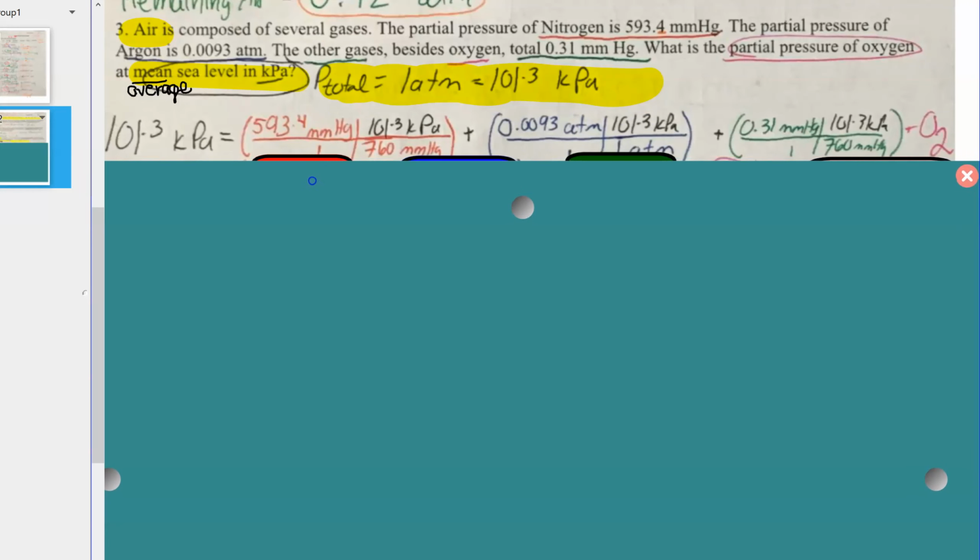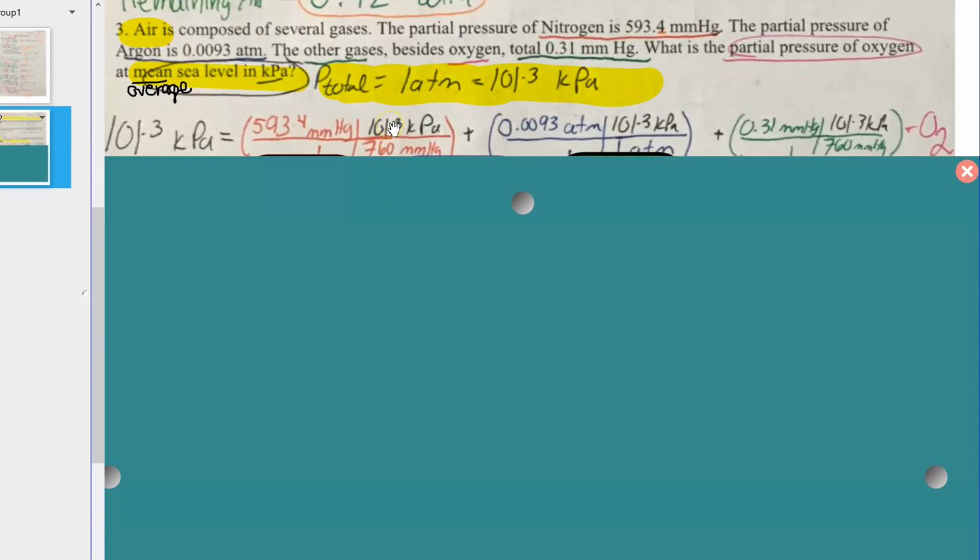Okay, looks like a lot, but don't panic. Total pressure is equal to the partial nitrogen plus the partial argon plus the partial other plus oxygen. What I have right here is just the factor label setup, okay? So I've got my nitrogen, 593 millimeters of mercury, and here's my conversion factor, 760 millimeters of mercury for every 101.3 kPa.